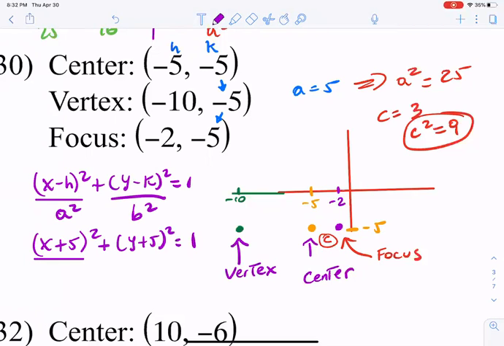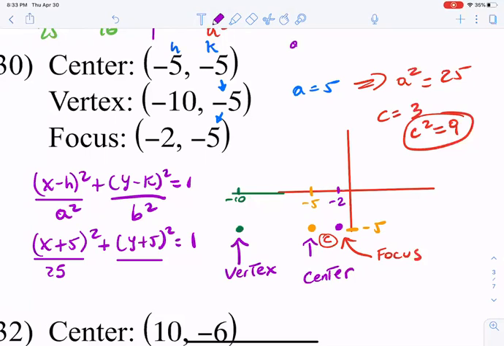My A value, we said it was 25. And then my B value, we need to find out what the B value is, right?